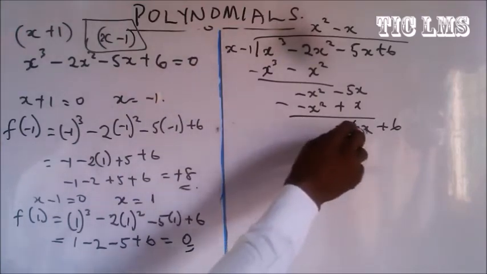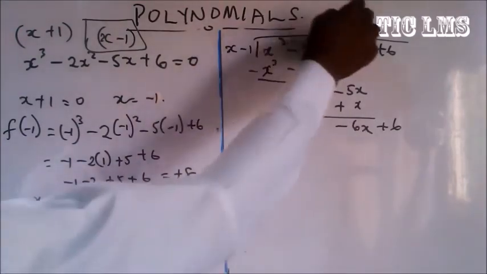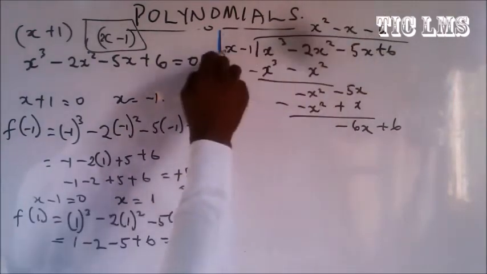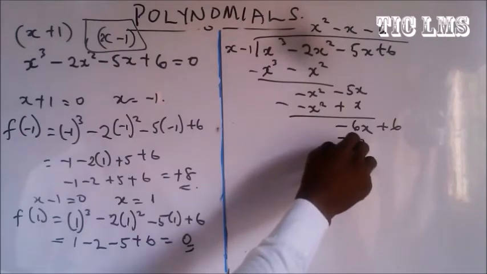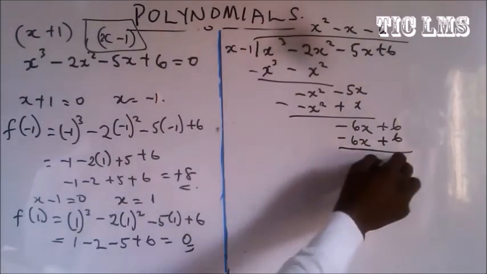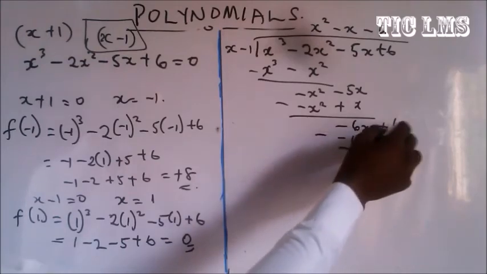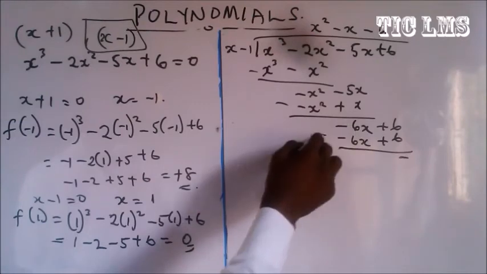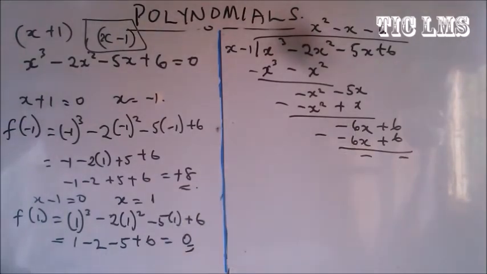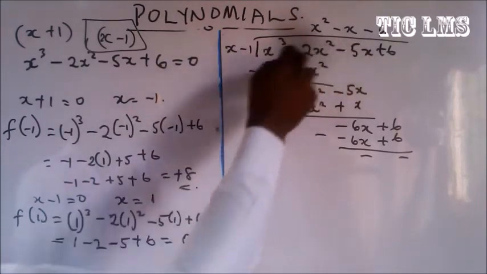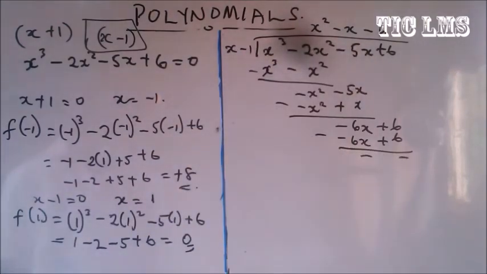X into minus 6x, we have minus 6. Minus 6 times x, we have minus 6x. And then minus 6 times minus 1, we have plus 6. So when we subtract, we have 0. This has proven to us that x minus 1 is one of the factors of this expression, since we do not have any remainder.